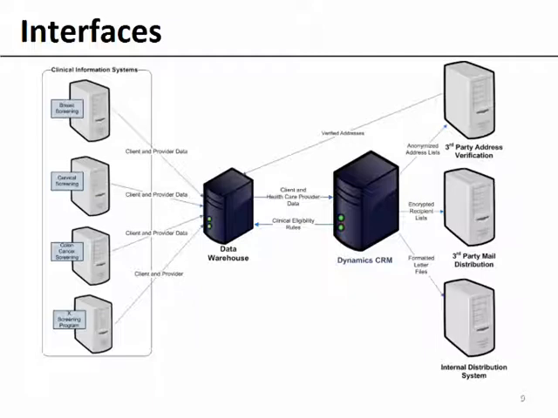The data is all consolidated in the data warehouse where one record's created. So our CRM system is not going to those clinical information systems. We're going to the data warehouse to retrieve it, where the data has already been filtered to our subset of data.